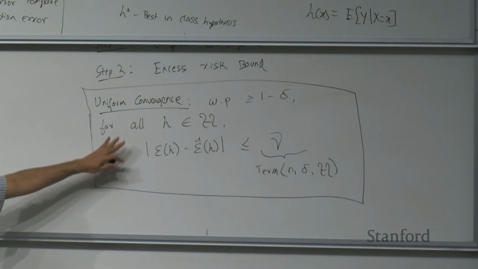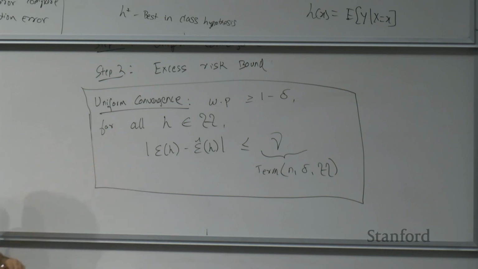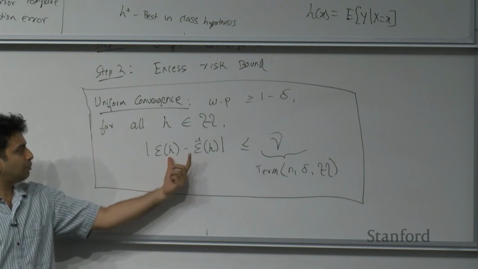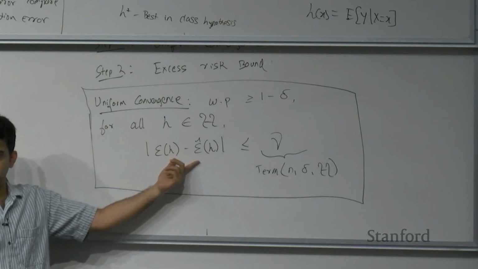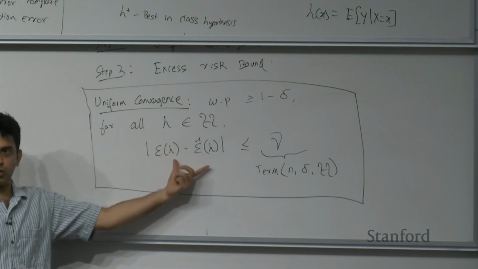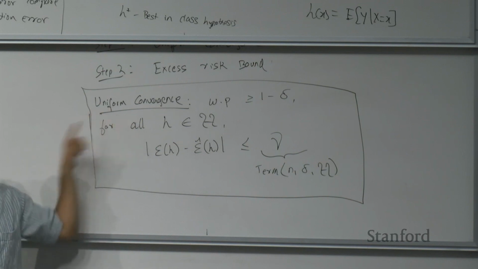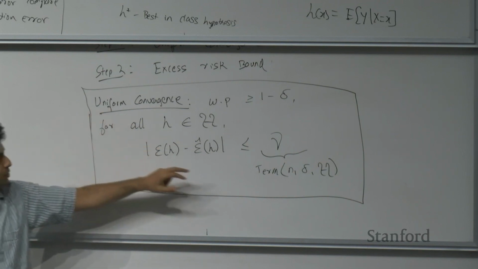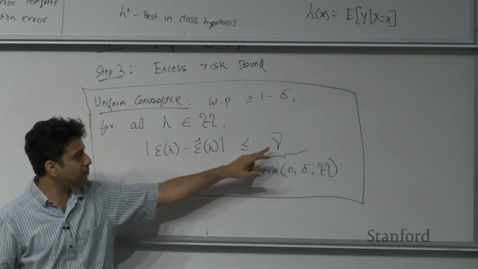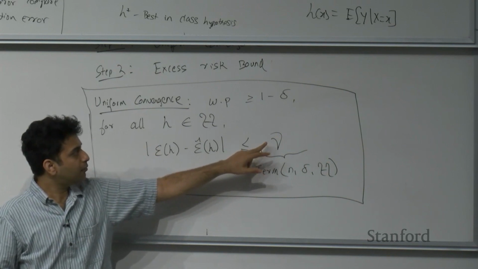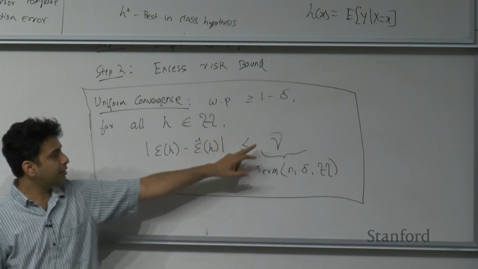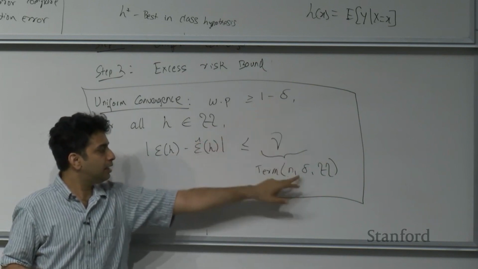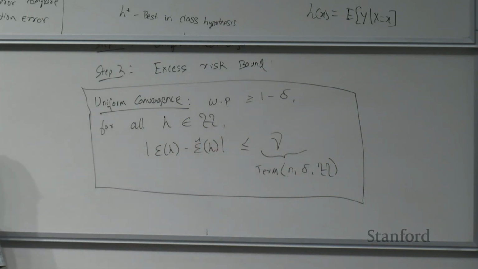So in general, all uniform convergence results are going to look like this, where you want some kind of a gap between the empirical risk and the true risk for any hypothesis. This "any hypothesis" is why we call it uniform convergence. And that gap is going to be less than some margin gamma for a particular level of probabilistic confidence, and this gamma will depend on n, the level of confidence, and the hypothesis class.